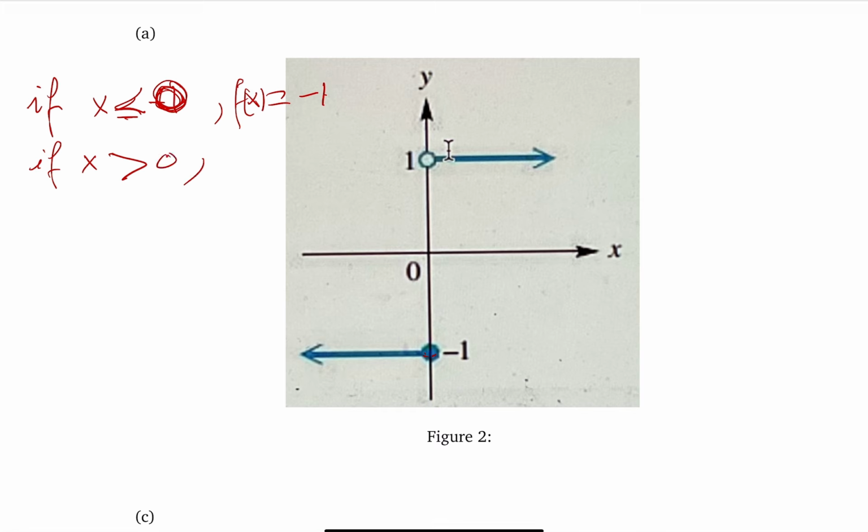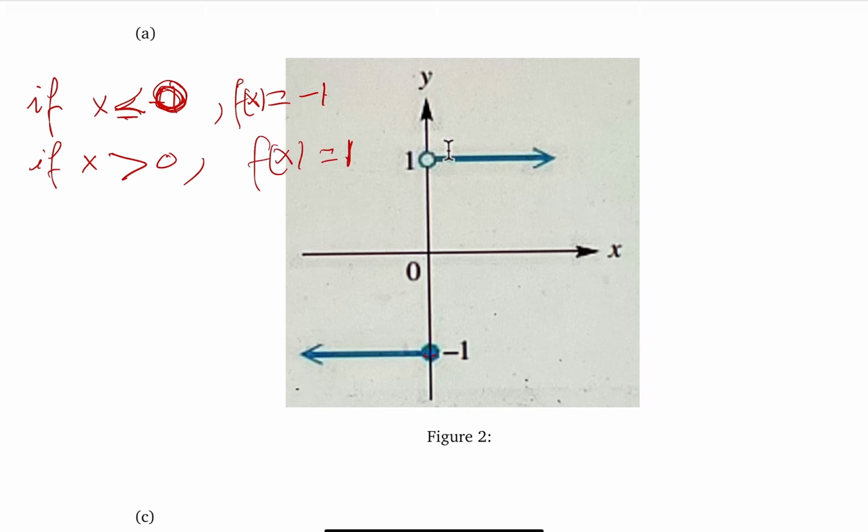Be careful, you have an open circle here, meaning it is strict. If it's positive, you go this side to infinity, so 0 has to be excluded. And then you have just 1. f(x) is equal to 1.